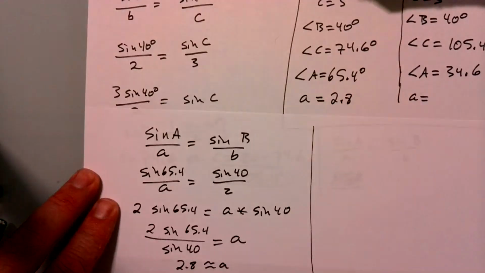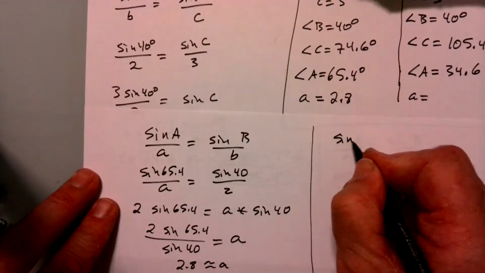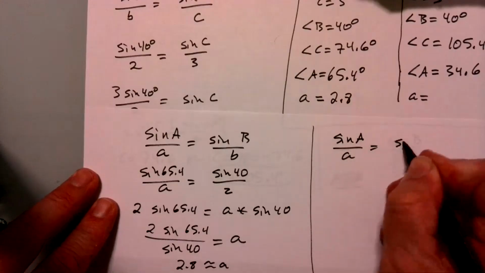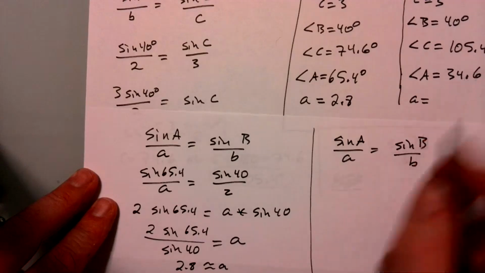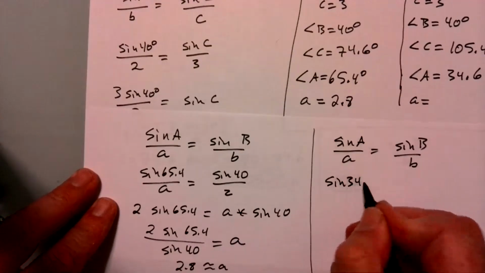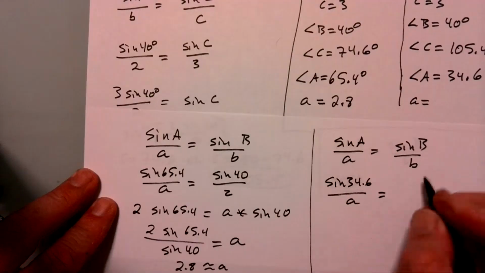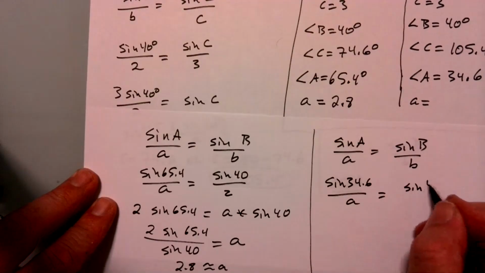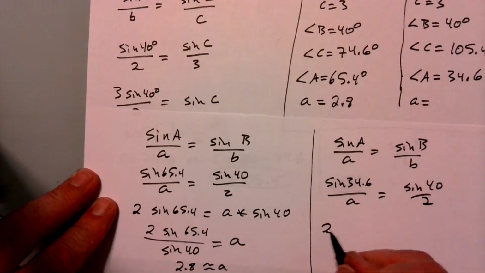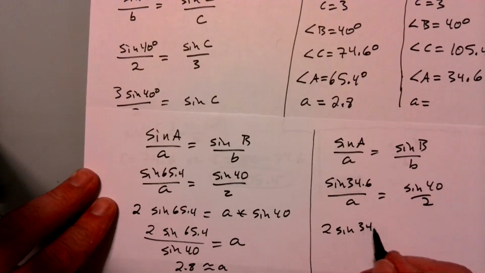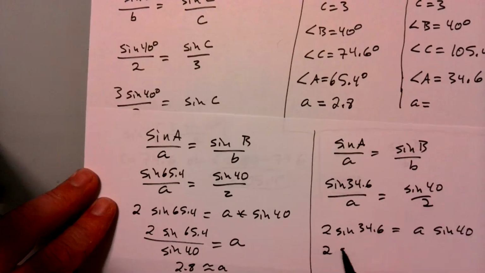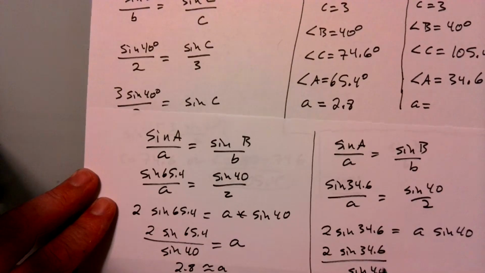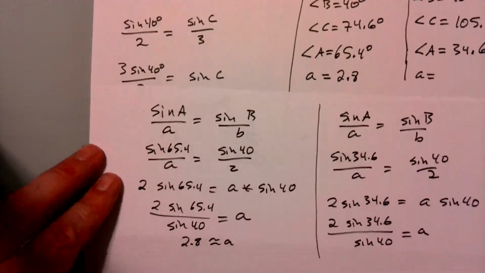My other case, again, done the same way. Sine A over a is sine B over b. This time sine A, sine 34.6 over a is sine 40 over 2. So 2 times sine 34.6 is a times sine 40. 2 times sine 34.6 divided by sine 40 is a.